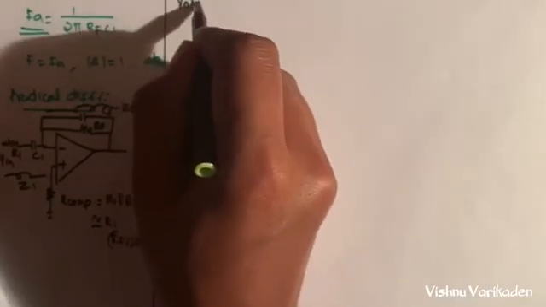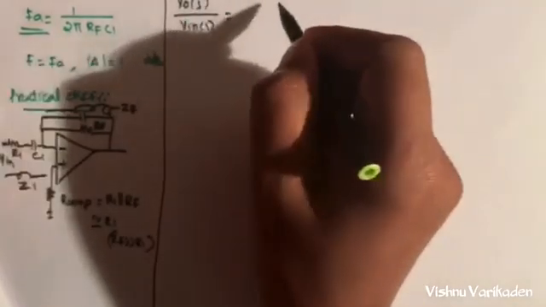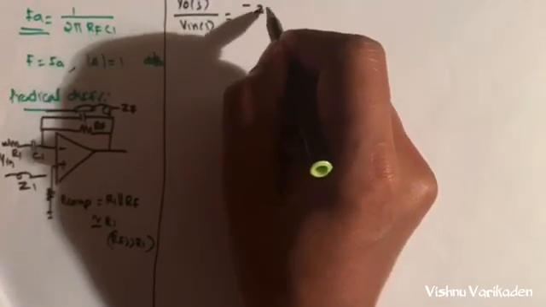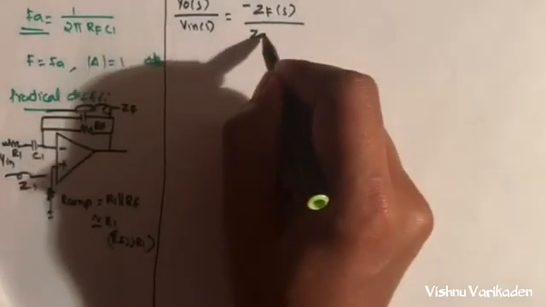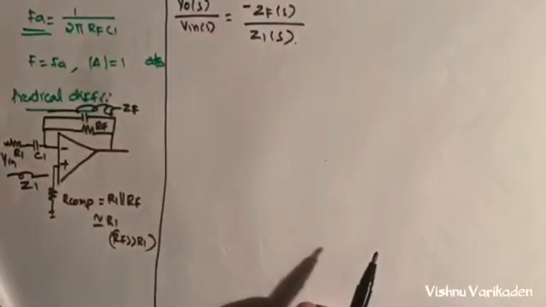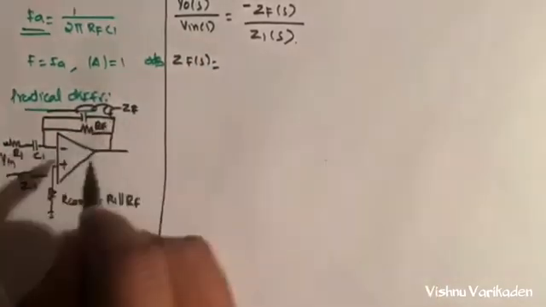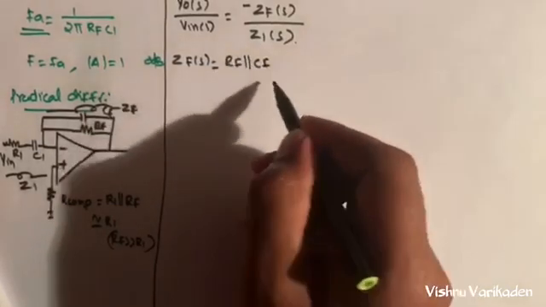So Vout of S by Vin of S for the gain. There is an inverter configuration, so there is minus ZF of S divided by Z1 of S. We can write ZF of S as the parallel combination of RF and CF.